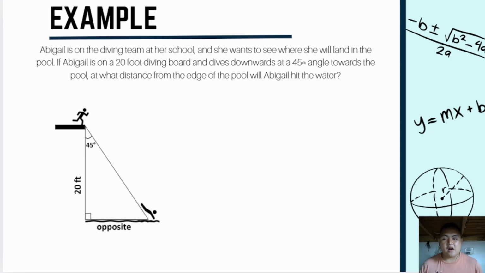So again, our first step is to draw a simple graphic to represent the word problem. The second step is to label the sides and angles of the right triangle that were given in the word problem. So the third step is to solve for the missing pieces of information.